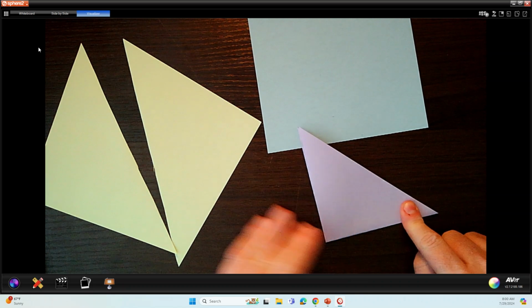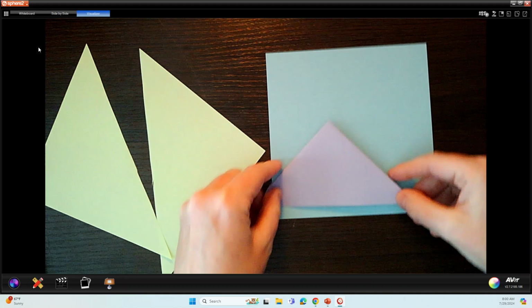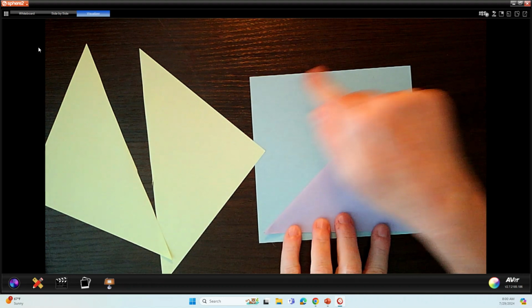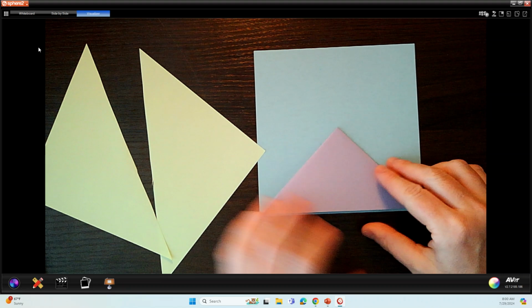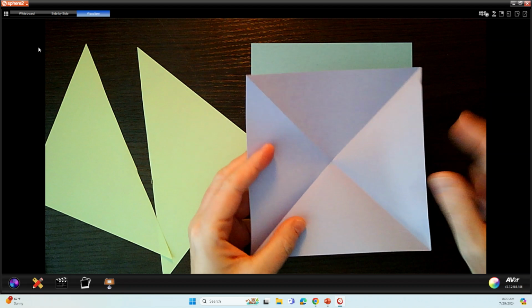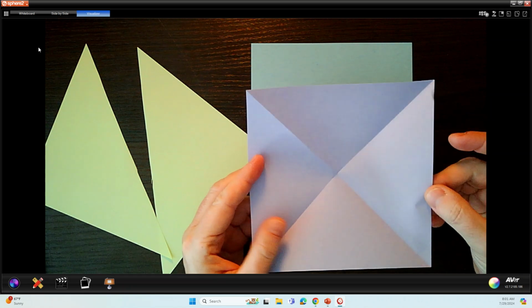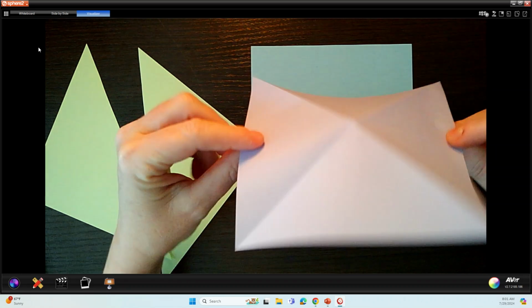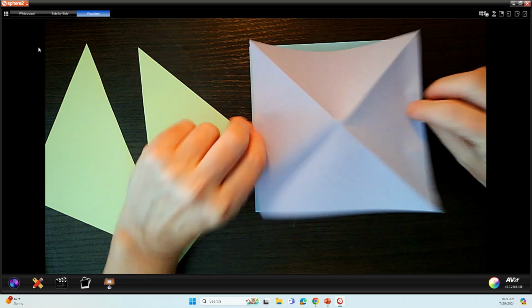Now I have created a very tiny little triangle that is 1/4 of the larger space. Because I folded it in half and then in half again, I've now created 4 tiny triangles that are the same area. This adds up to be the same area as the square.